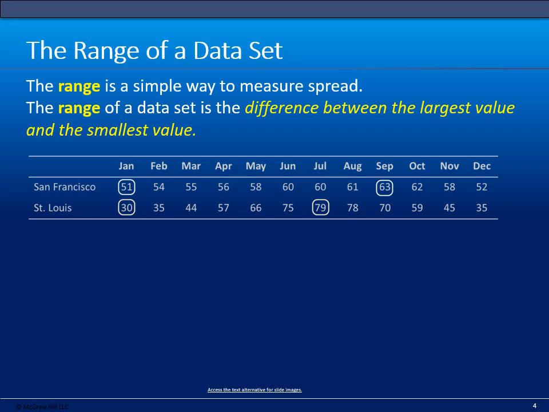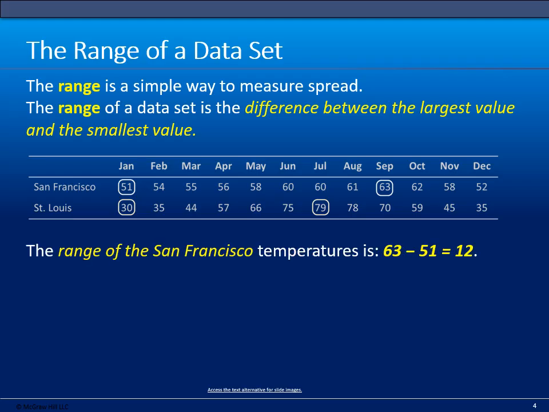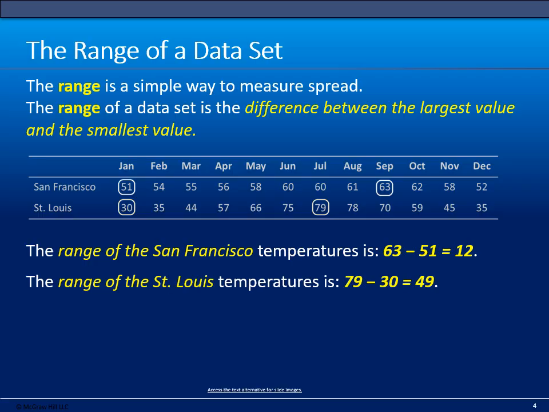The range of a data set, these are the high and low values, specifically the difference between the largest value and the smallest value. And here we can see that the range of the San Francisco temperatures, we take the largest value, 63, minus the smallest one, 51, and we get 12, versus 49 when we take 79 minus 30 for St. Louis.